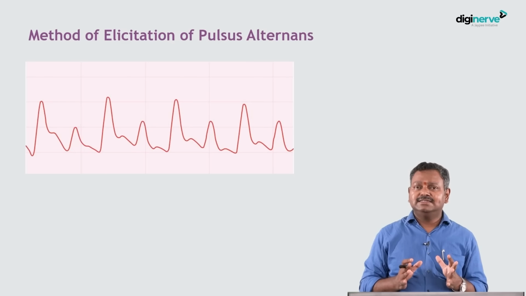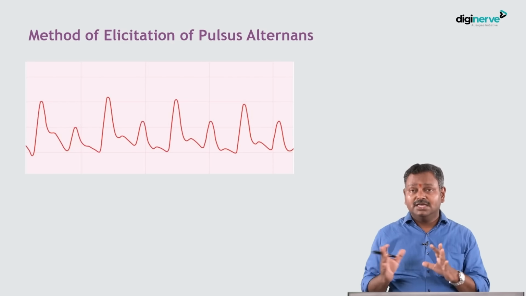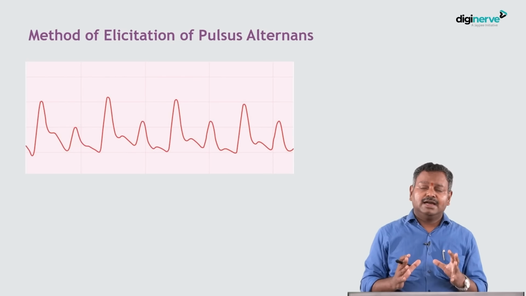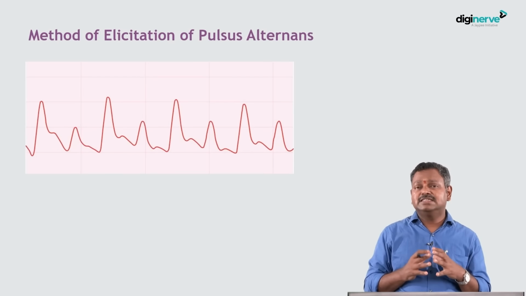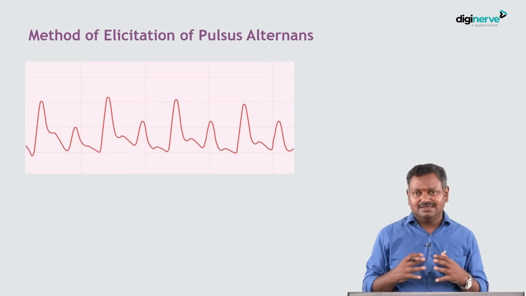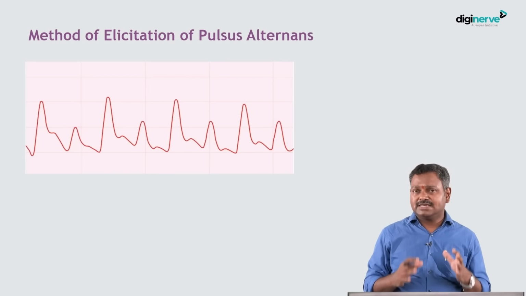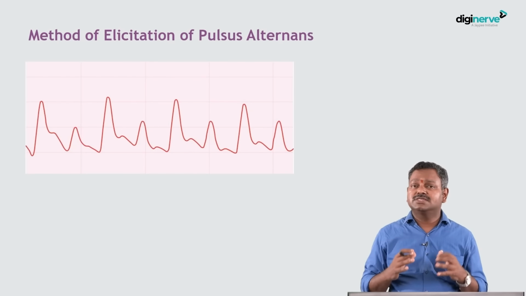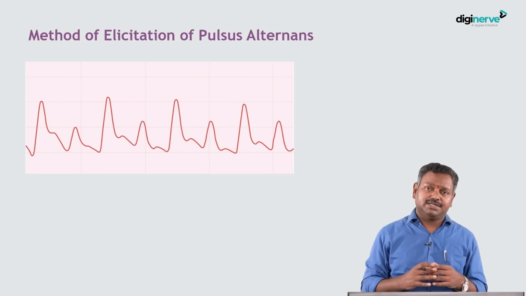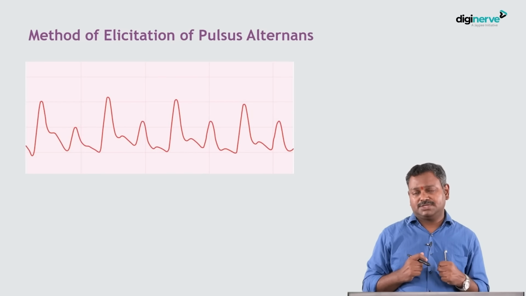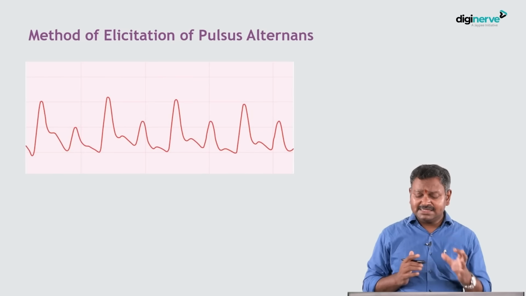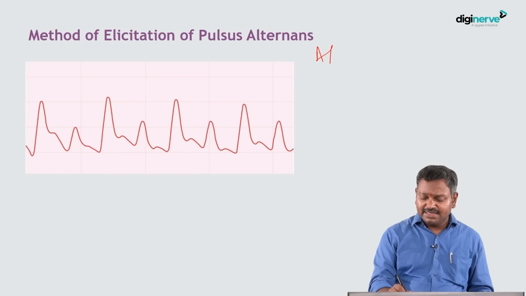Now pulsus alternans and pulsus paradoxus, these two pulses are difficult to demonstrate because these are seen in patients who are absolutely sick. Both of these, alternans as well as paradoxus, require a sphygmomanometer. You will require a BP cuff to demonstrate. Pulsus alternans is classically seen with acute left ventricular failure.